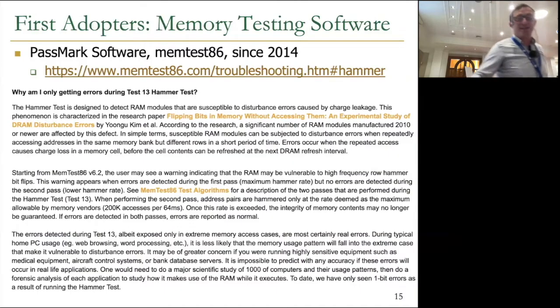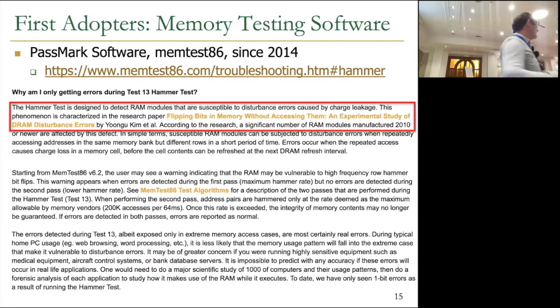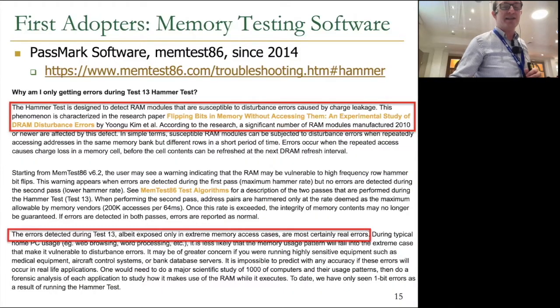And these folks basically said, the RowHammer phenomenon is characterized by our research paper. Based on this, they added a new hammer test, which was not present. That's hammer test 13. And they said, albeit exposed only in extreme memory access cases, these are most certainly real errors.